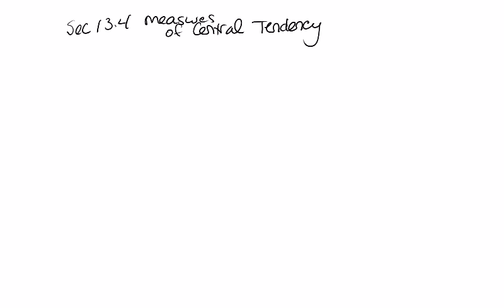The first one we're going to talk about is the mode, and many of you are probably familiar with this from an elementary statistics unit that you have done before. But if you recall, the mode is simply the data value that occurs with the highest frequency. What does that mean?